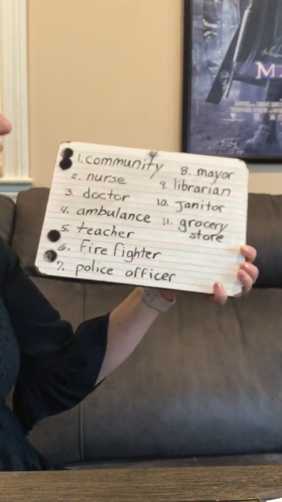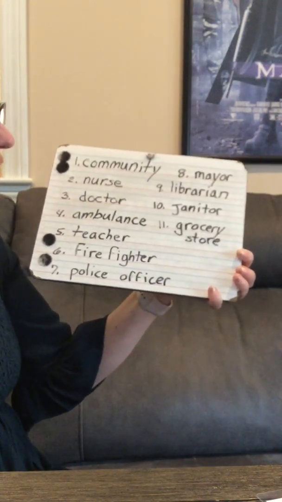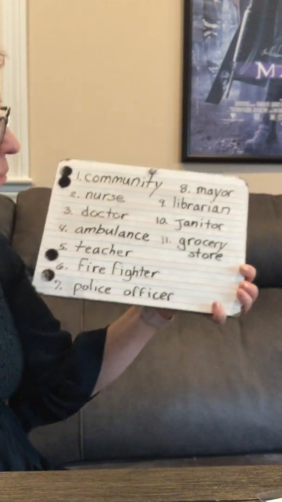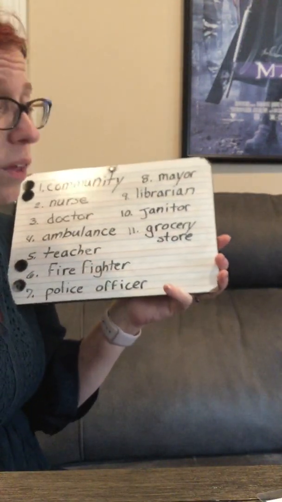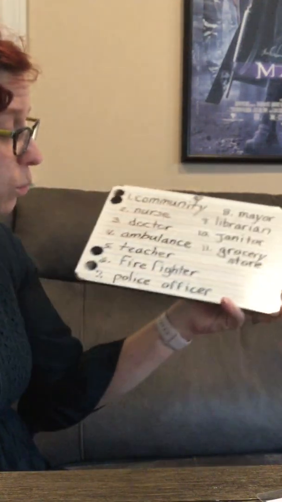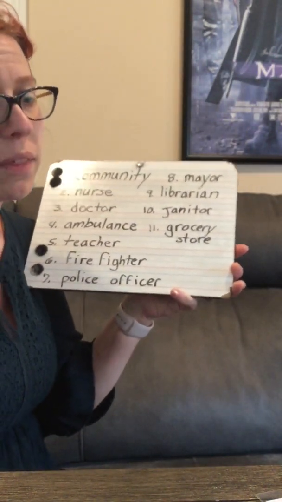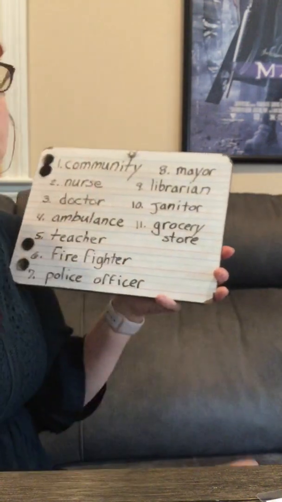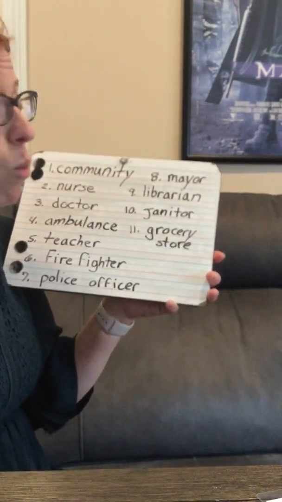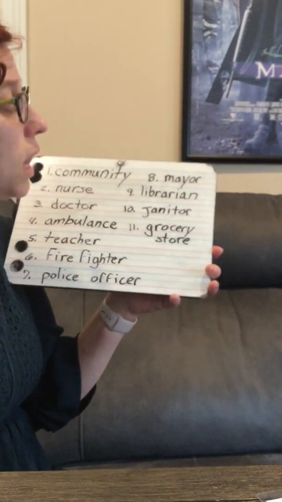Police officer. P-O-L-I-C-E. O-F-F-I-C-E-R. The space there, or the pause between the words, meant there were two different words. Firefighter, you can write them both ways. You can write them together or separately. They accept it in both ways. Mayor. M-A-Y-O-R. Librarian.